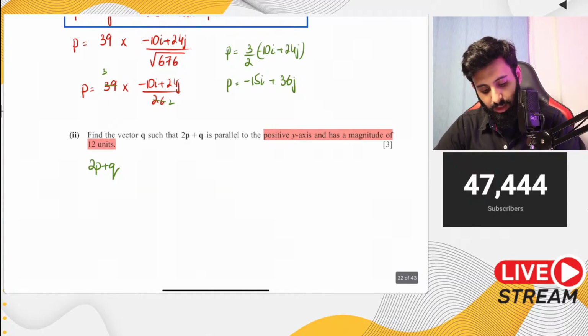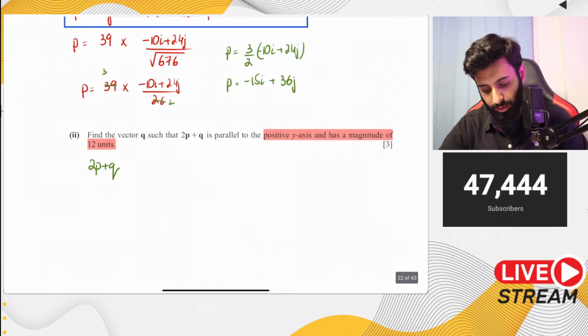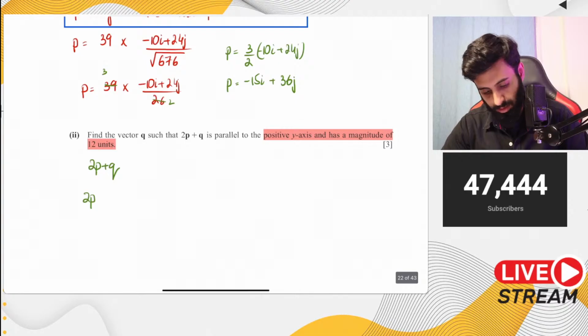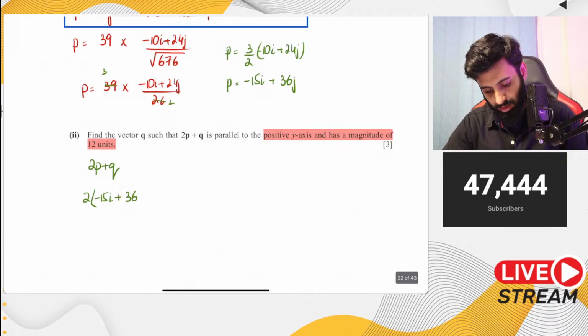Okay, now, so first of all, let's find out 2p plus q. Okay, so 2p plus q, here's 2 into p, which means 2 into minus 15i plus 36j plus q.